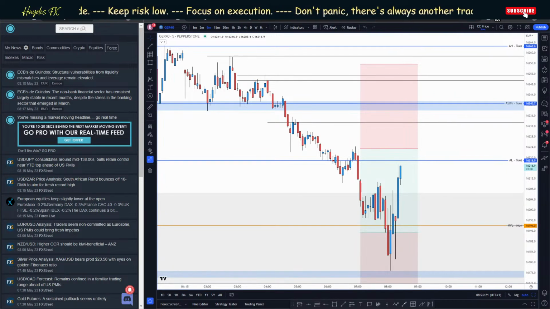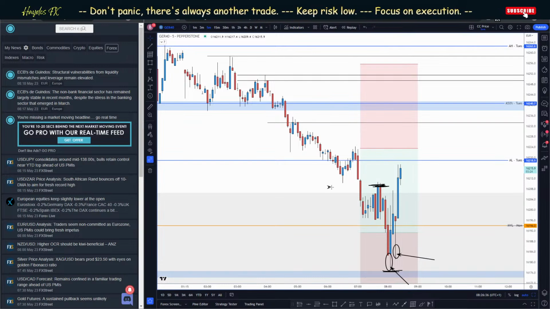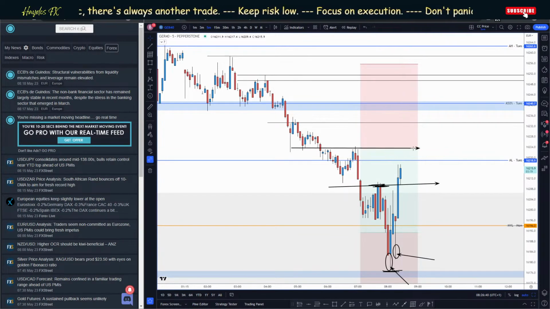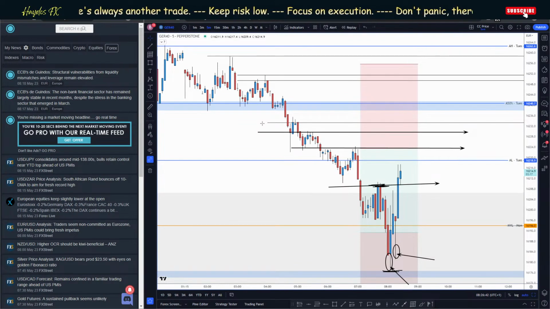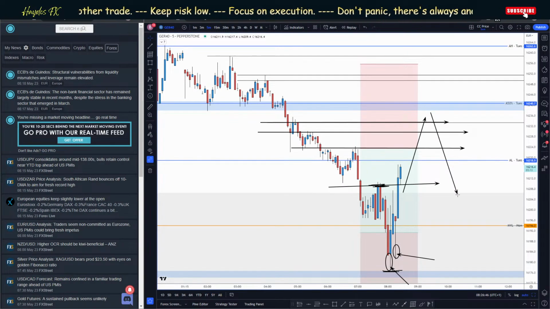So let's have a look. We do have a couple of rejections from this area, which makes sense. This area was predetermined. We've got a resistance that once we do have these liquidity grabs, usually it will break. This was the resistance. Now, is it enough to break the next resistances? If I start to see rejections from this area, I'll give it a shot for ourselves.